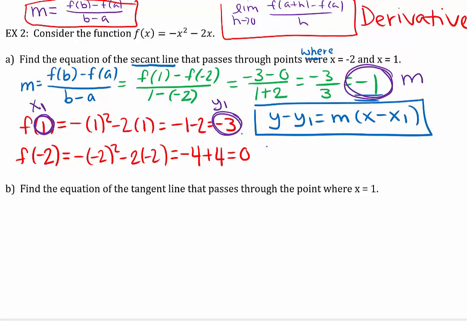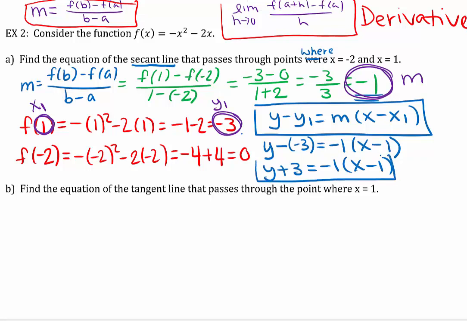Plugging that into the formula, I get y minus negative 3 equals the slope, negative 1, times x minus x1, which is 1. So that would be y plus 3 equals negative 1 times x minus 1. You can leave your answers in point slope form if you want. This answer is perfectly fine.